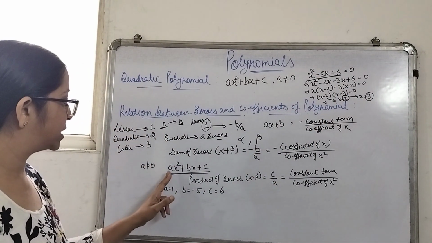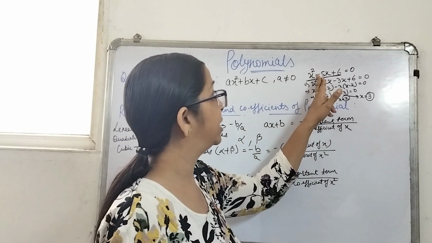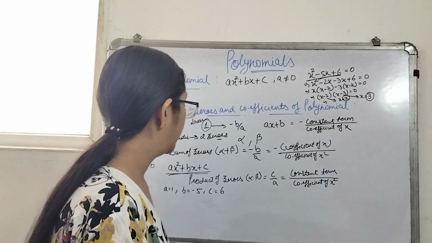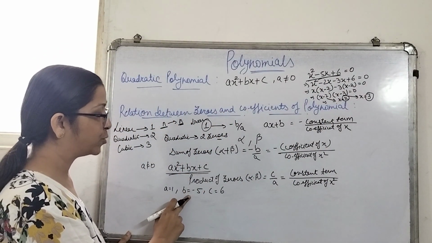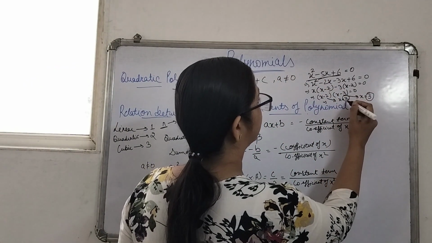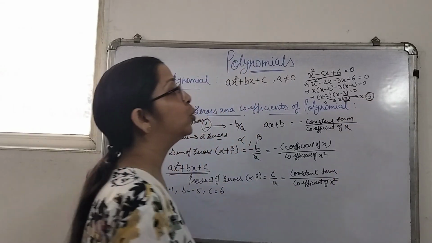So from here we can see that a is 1, b is minus 5, and c is 6.